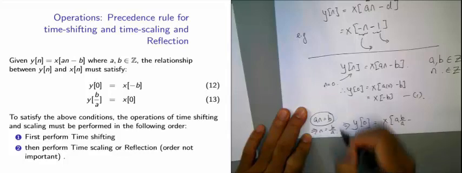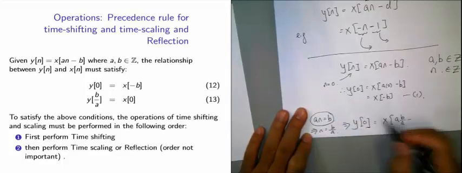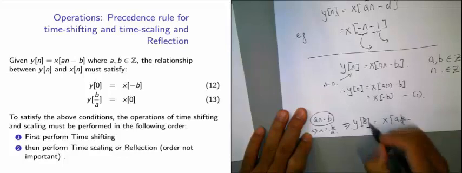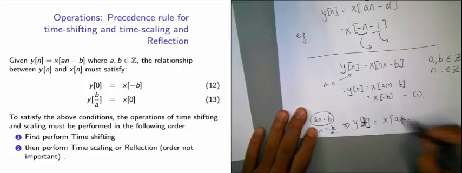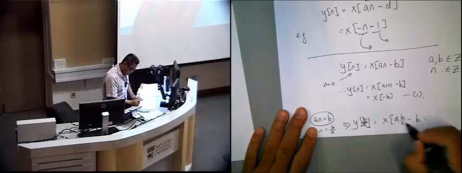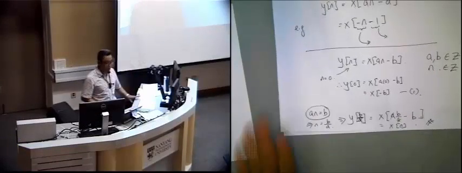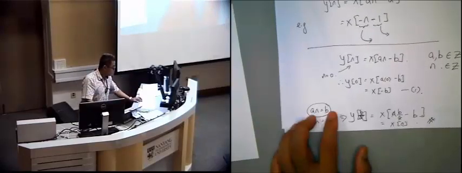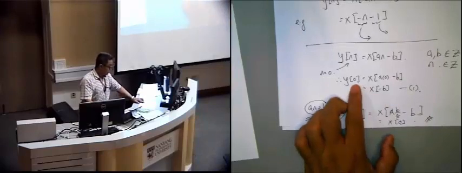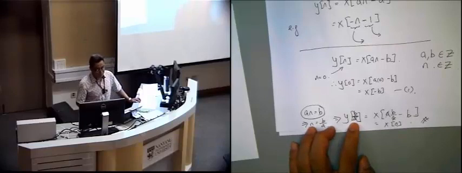Sorry, I made a mistake, it's b over a. So simply it is just substituting these values of n equals 0 and n equals b over a to get these two expressions. And these two expressions must agree.